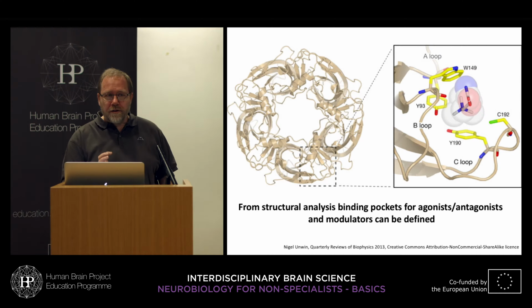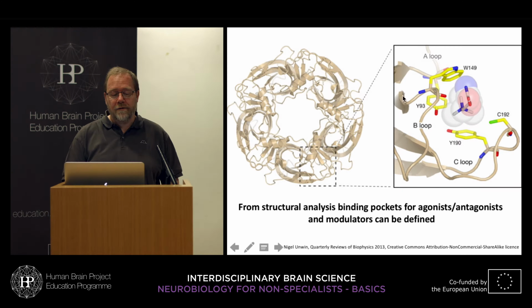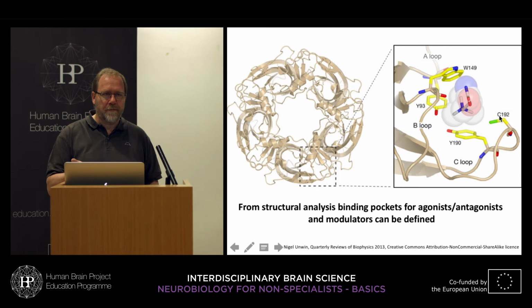From this structural analysis and crystallography, we can also define and find such binding pockets. If we look in detail at this part, we can define the binding pocket for acetylcholine, and we can define which amino acids in the receptor are responsible for the binding or contribute to the binding.